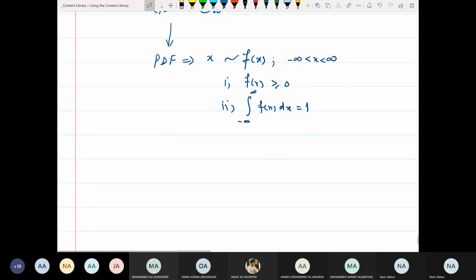Then using this function, we said we can find several properties of x, including the mean and the variance.